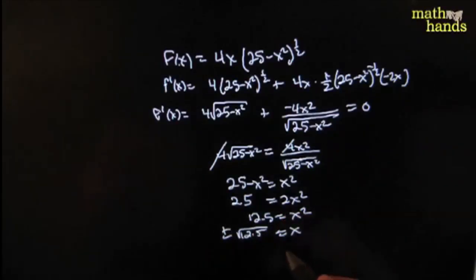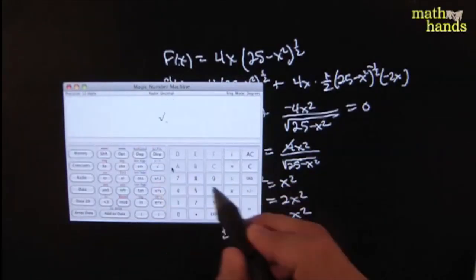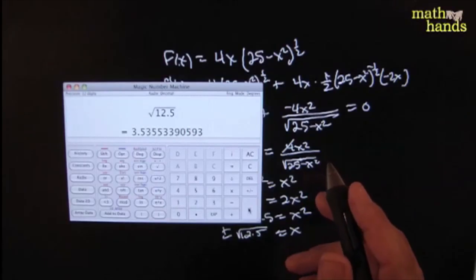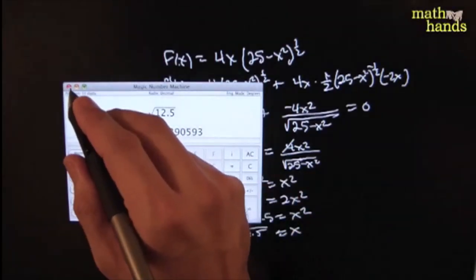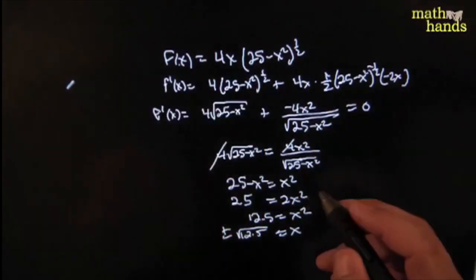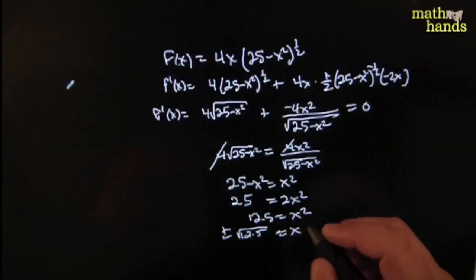Let's clear everything. The square root of 12.5 is about 3.53. Okay, 3.53. And what does that do for us?